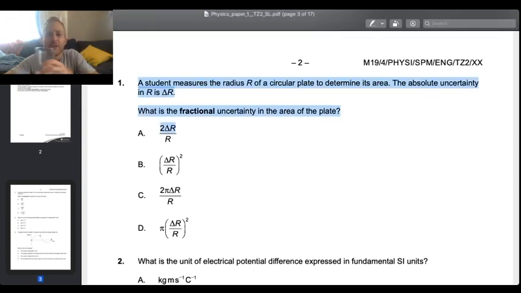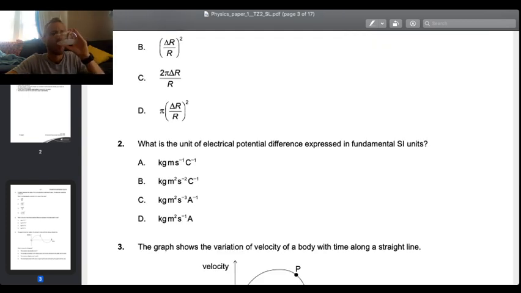So where are we? We're on number 2. What is the unit of electrical potential difference expressed in SI units?